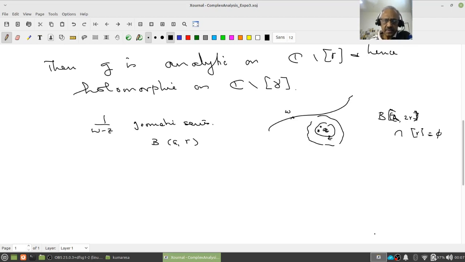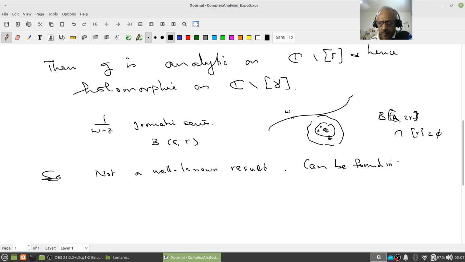So this is not a so well known result, but it can be found in my book. Notice that this gives us a way of generating a lot of analytic functions. All we have to do is very simple.